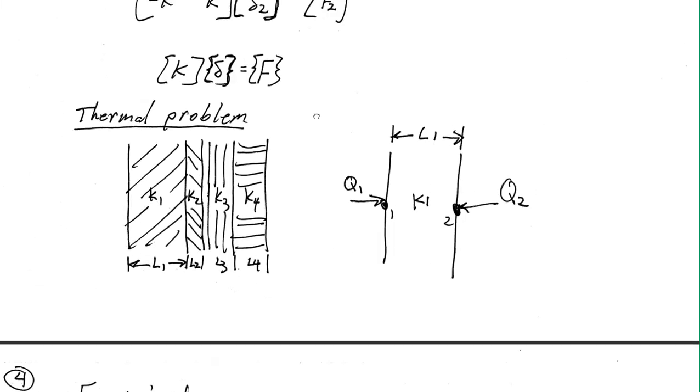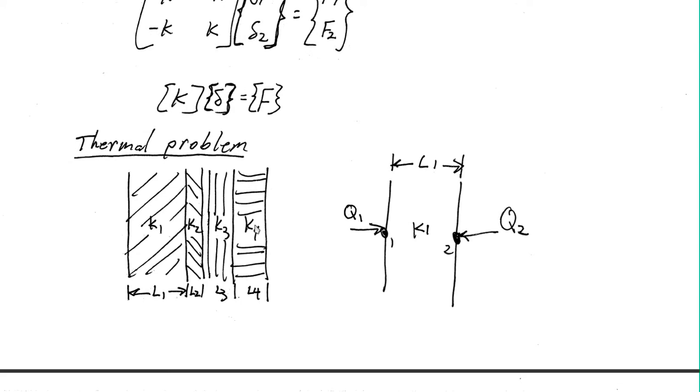Another example, thermal problem. This is set up identical, where you have thermal resistance in each layer. So we can define an element for K1, 2, 3, and 4, where these K's are thermal conductivity. And let's say if we just take the first element, thermal conductivity 1, you have heat flow Q1, heat flow Q2.